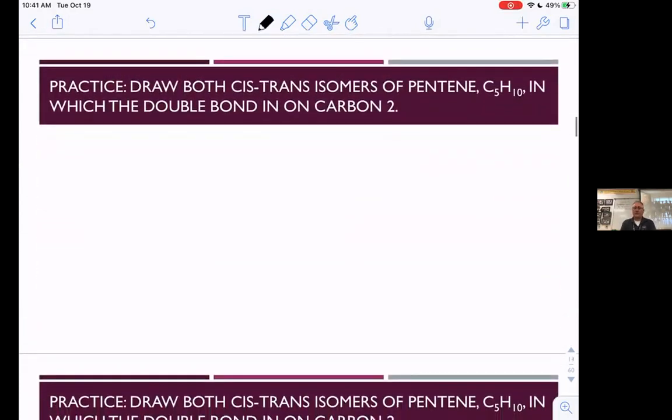It says draw both the cis-trans isomers of pentene, C5H10. So I'm going to draw pentene really simply. Pent is the prefix for 5, so that would be 1, 2, 3, 4, 5 atoms in a row. It says pentene, so you don't know where that double bond is.